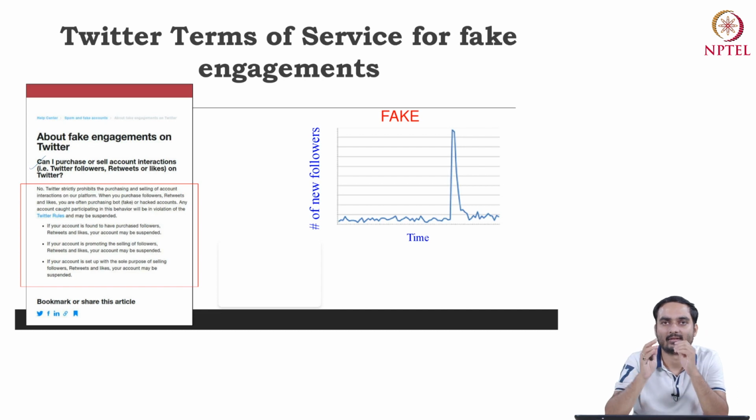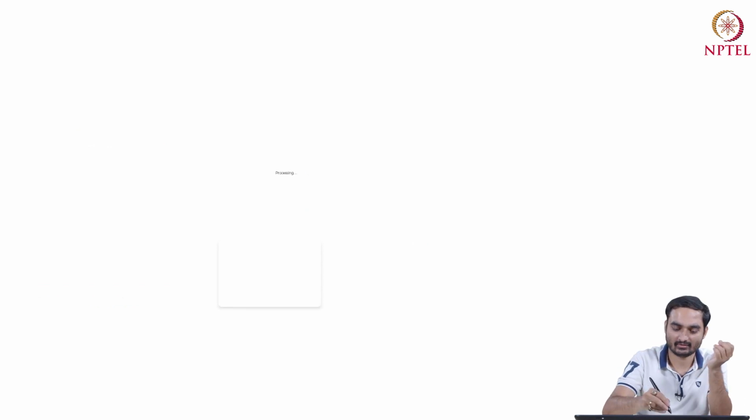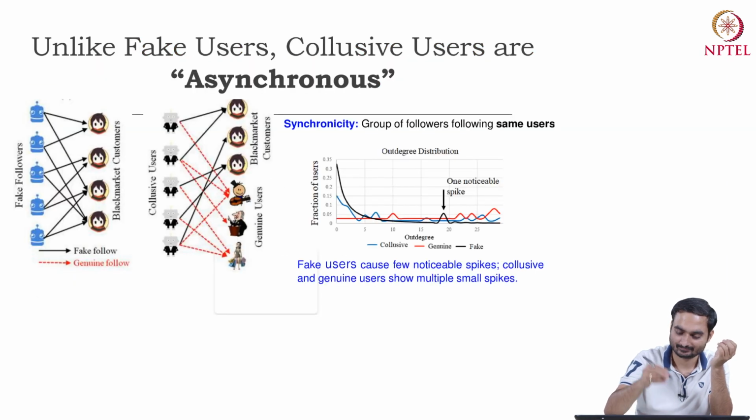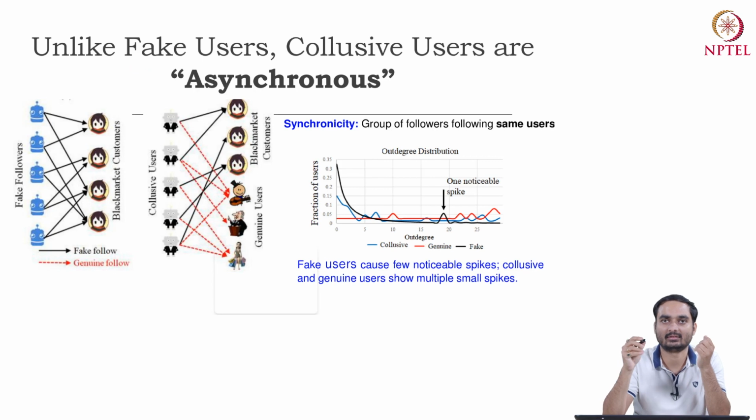If you look at the state of the art, studies on bot detection, fake account detection, fake activity detection, in most cases people claimed that there is a synchronicity in terms of the time these activities happen, the set of users that these fraud users follow, and the kind of posts that these fraud users write.